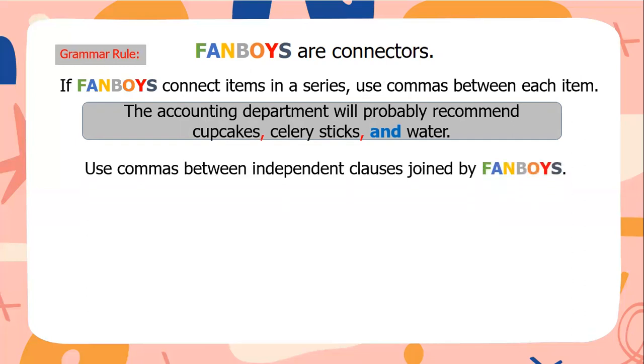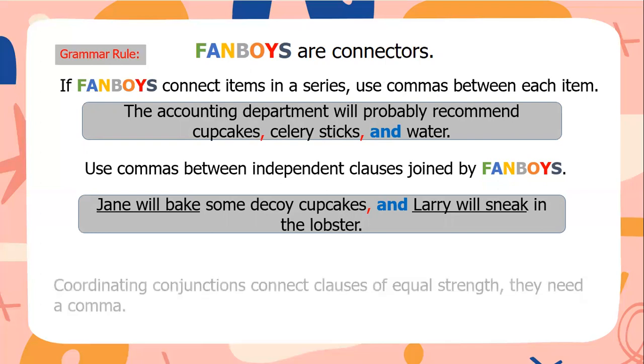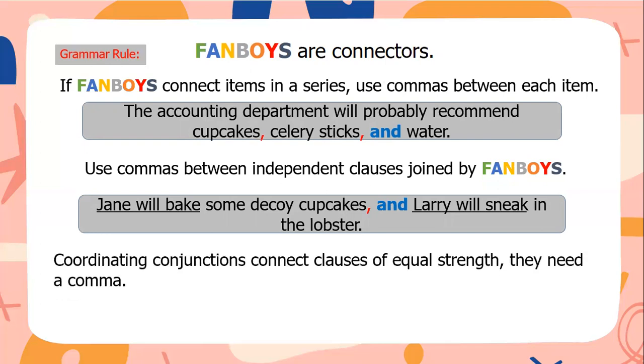Use commas between independent clauses joined by fanboys. Jane will bake some decoy cupcakes, and Laurie will sneak in the lobster. Remember that an independent clause is basically just a sentence, and you can mush two sentences into one sentence without something between them.